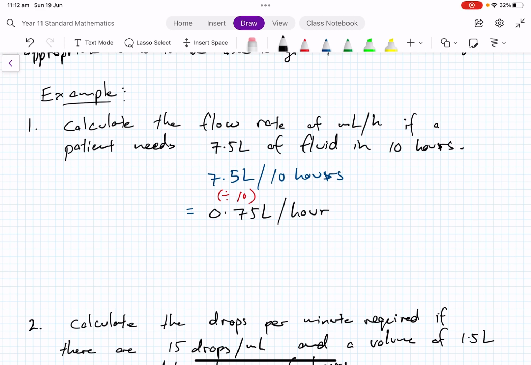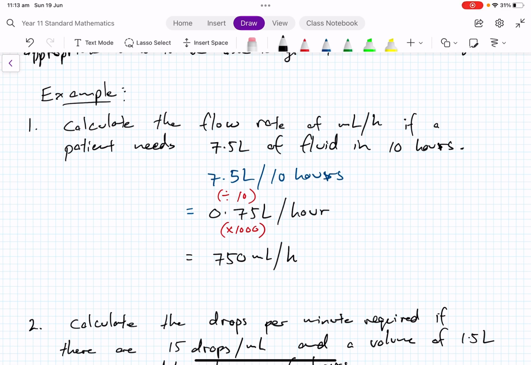Now, what's 0.75 litres? Well, 0.75 litres is 750 milliliters. We times that by 1,000 to change to milliliters. And if we do that, we get what's required, 750 milliliters per hour.